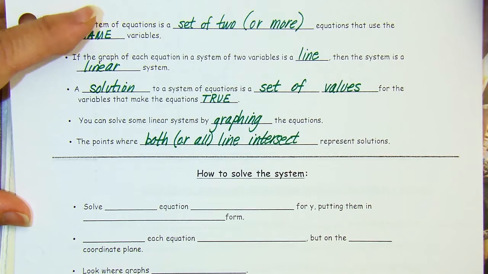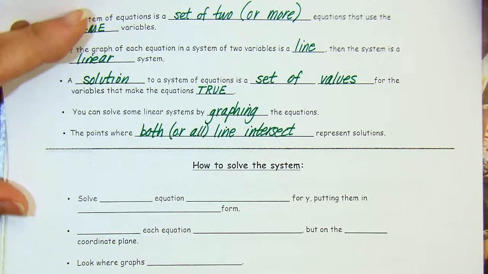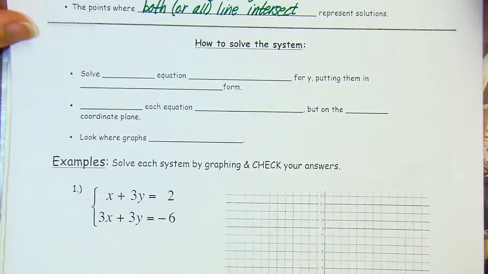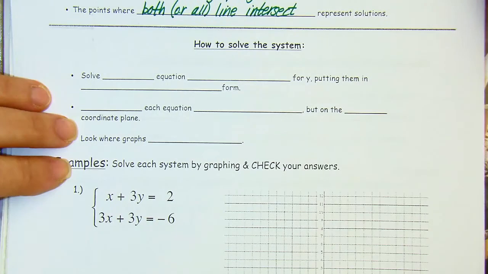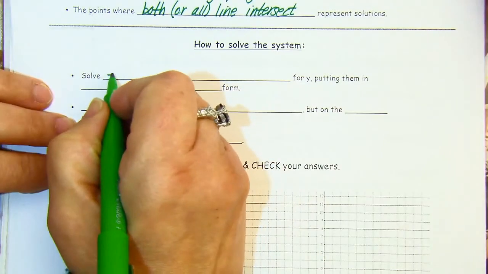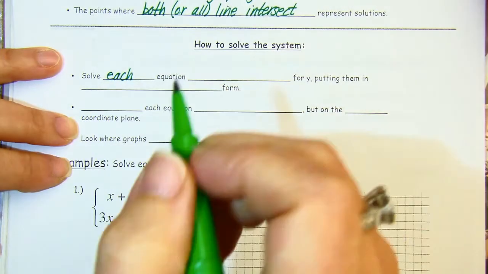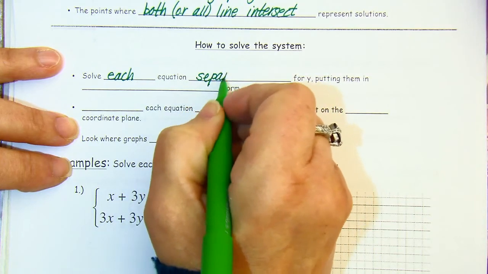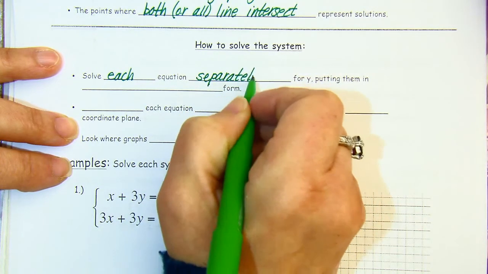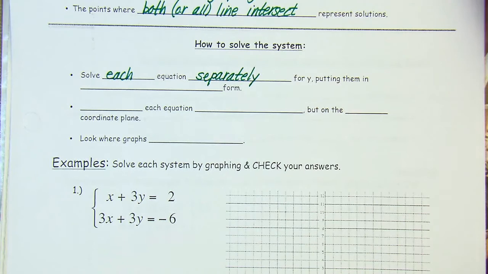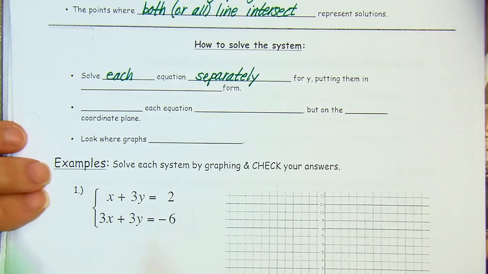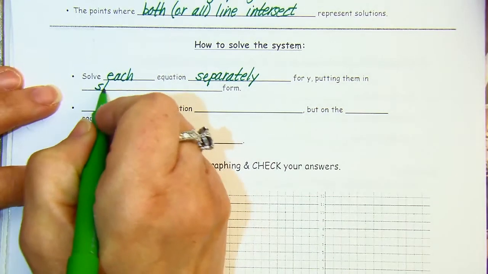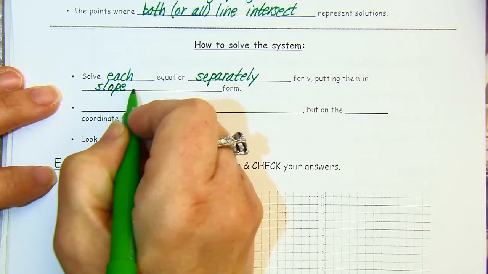How to solve the system? Well, you're going to first solve each equation separately for y, which means you're putting them in slope-intercept form, so you can graph them.